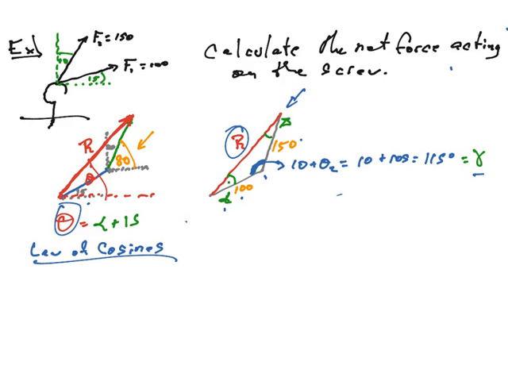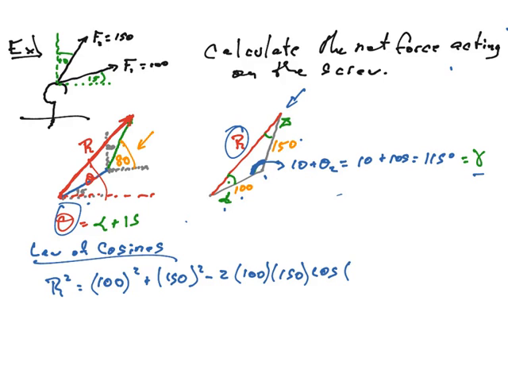So what does the law of cosines say? R squared is the other two, 100 squared plus 150 squared minus 2 times 100 times 150 times the cosine of the angle which is opposite to R, which for us is gamma, 115.